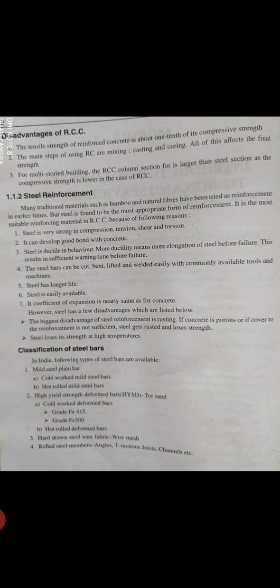Similarly, the second one is the high yield strength deformed bar, that is what we call HYSD bars, the torque steel. In these cold worked deformed bars, two grades are available in the market: grade Fe415 and grade Fe500. These are the higher grades of steel we are using nowadays in construction work.